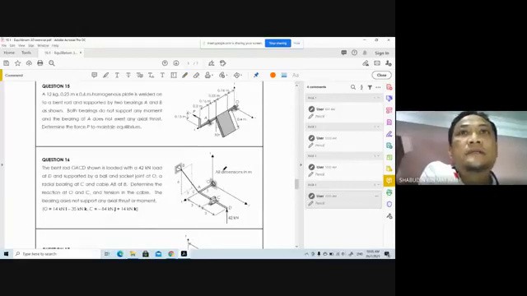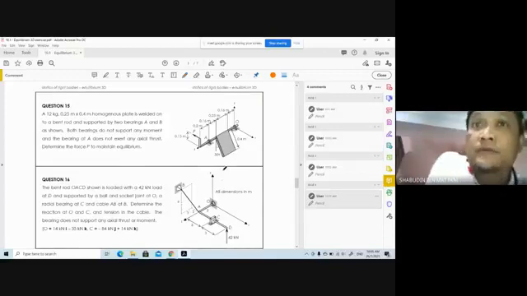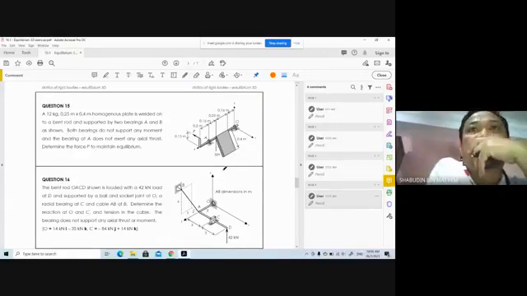Okay, a plate. A 12 kilogram homogeneous plate is welded on the two bend rods shown in A and B. Both bearings do not support any axial thrust, any moment.